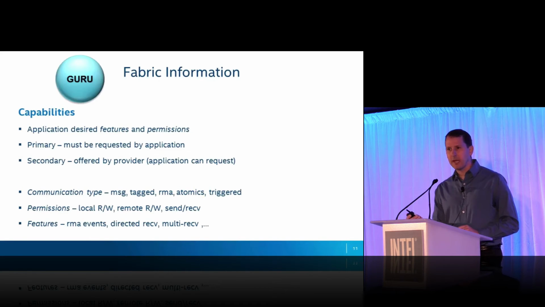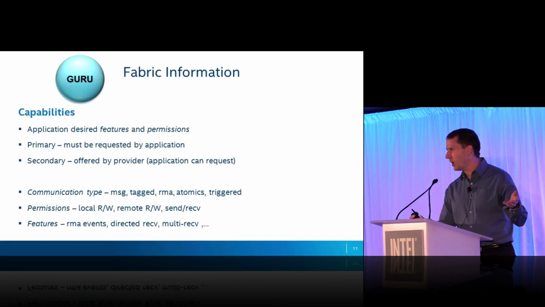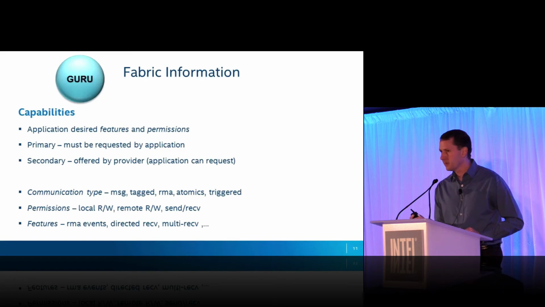Then there are certain features that applications wanted. In a lot of these cases, these are features applications desire, but current hardware may not be able to do them. For example, RMA events. A lot of applications wanted to send an RMA operation to the remote side, and the remote side needs to be notified that the write has occurred. Well, a lot of hardware today, once you send that RMA request across, say it's a read or a write, you actually have to send another message that says, I just did a read or write to your memory.